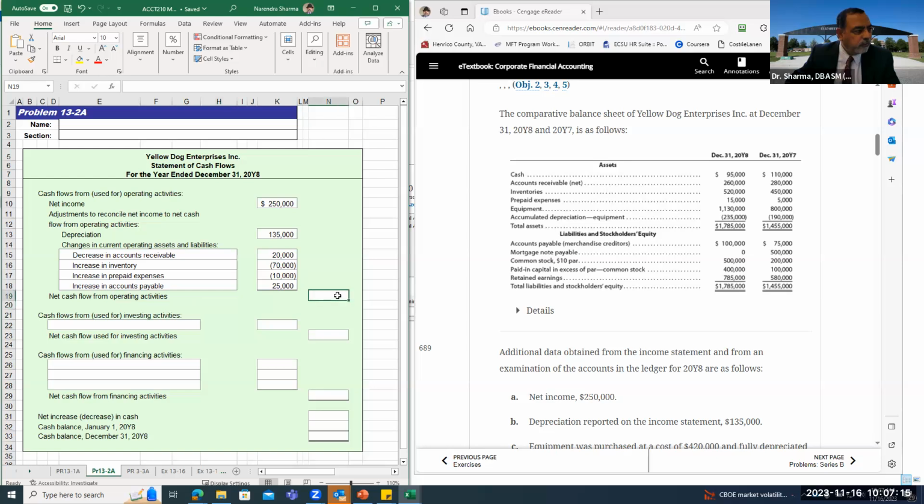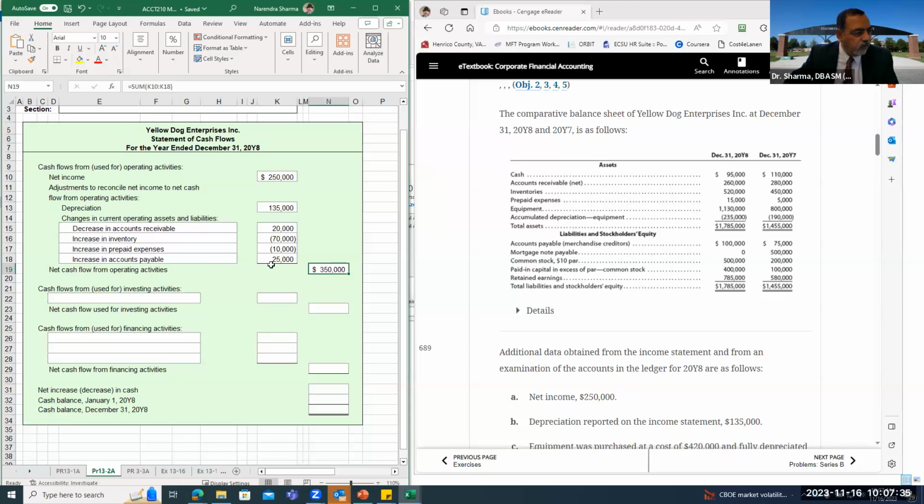Now we sum these up, and I get 350,000. That is the net cash from operating activities.